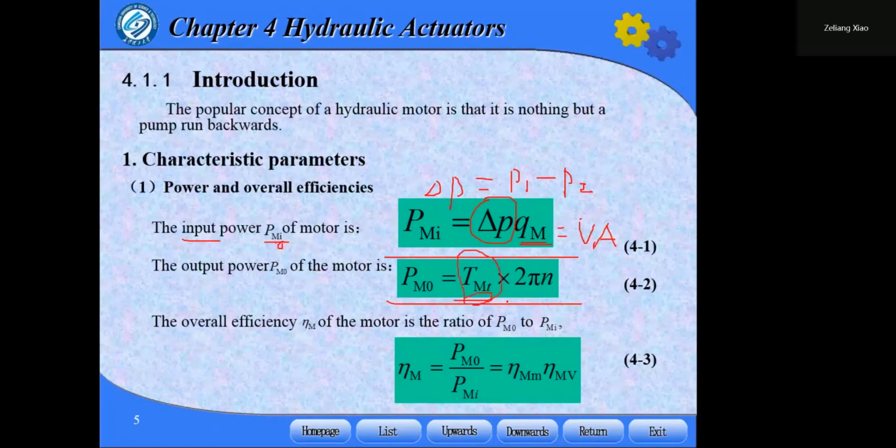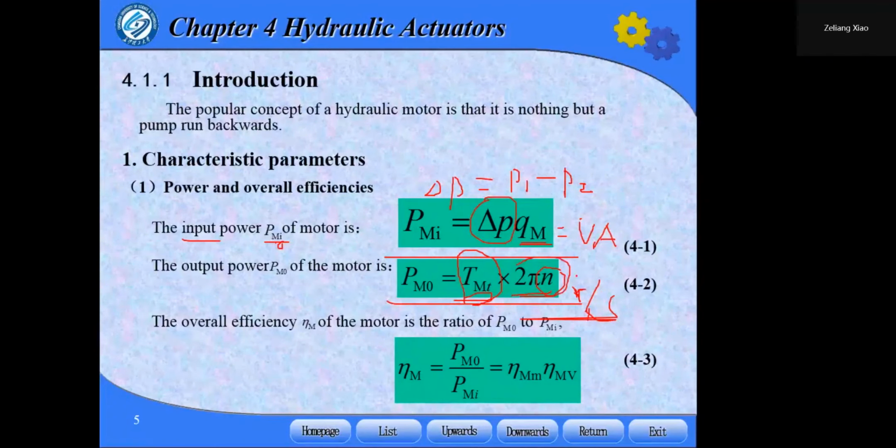Capital T_M denotes the torque of the motors, and n denotes the rotational speed, in rotations per second.